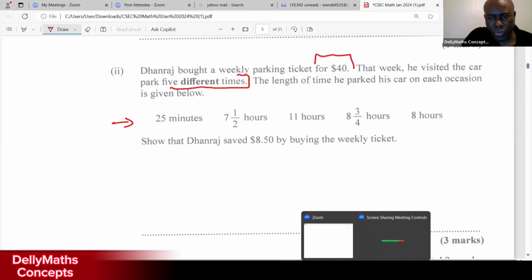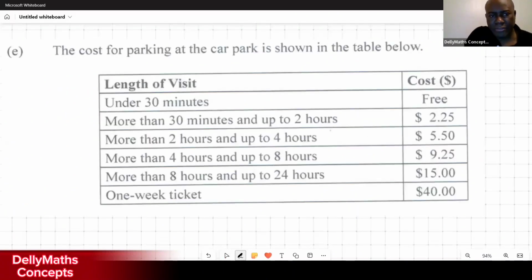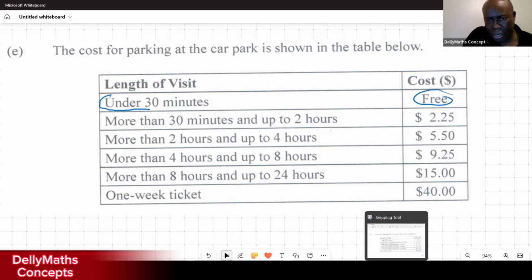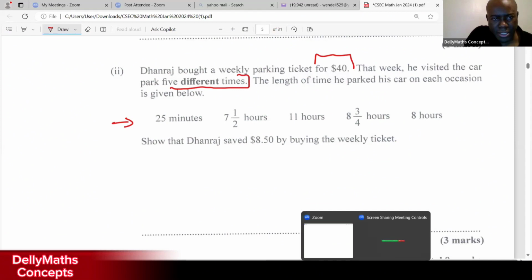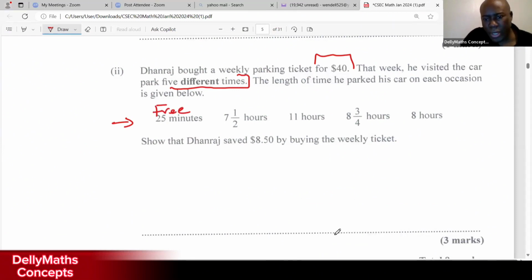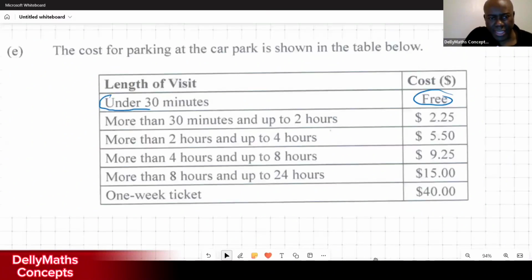First day was 25 minutes. So we want to look. 25 minutes would have fallen under 30, and that would have been free. So this wouldn't have cost. This is free. 7.5 hours would have fallen in the category of 4 to 8.